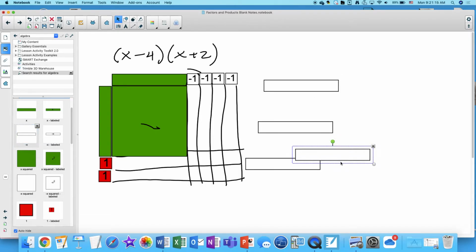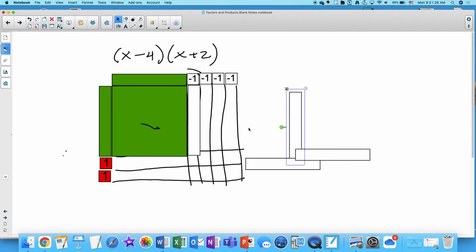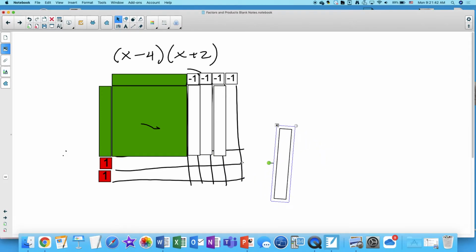1, 2, 3, and 4. Okay, and then of course, here we've got these also x tiles have to go in here, but this time they're positive because I'm going positive x here times positive 1.